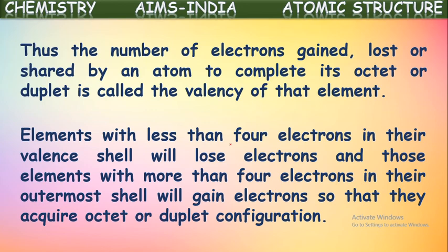The atoms with less than 4 electrons in their outermost shell generally lose those electrons so that they get 8 electrons in the outermost shell from the last but one shell. So they lose electrons. And atoms with more than 4 electrons in their outermost shell get the remaining electrons from other atoms. They gain electrons so that they can become stable.